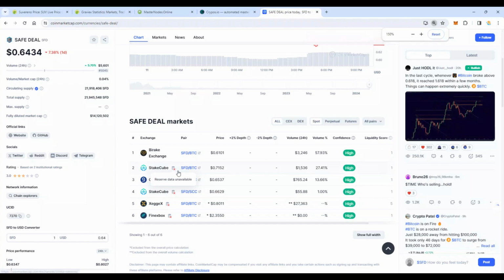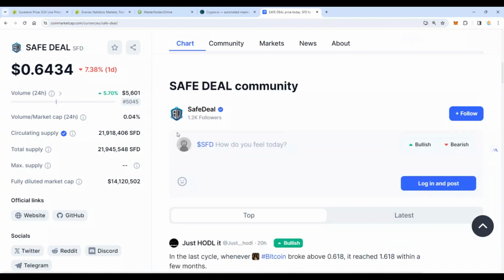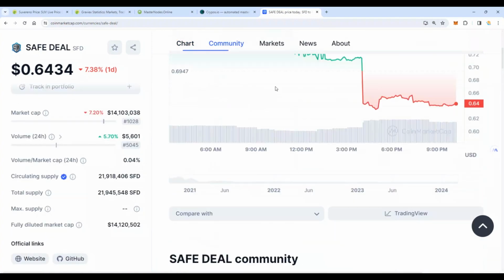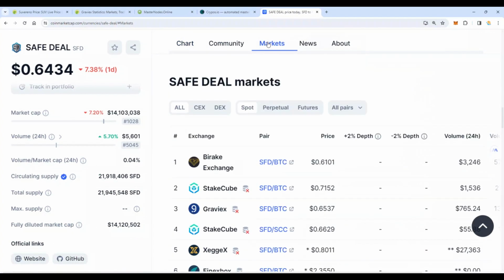Let me zoom in a little to show you something very important. If you see an exchange without a tick, like this one has an X, it means this exchange does not have reserves for the assets they hold for individuals in that exchange.